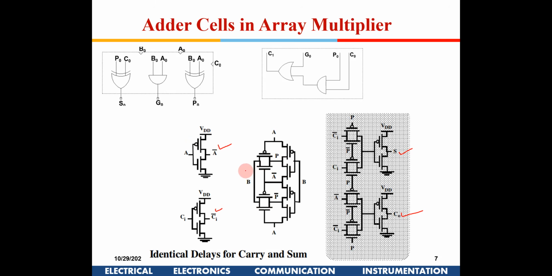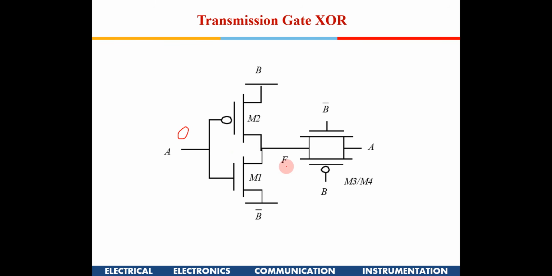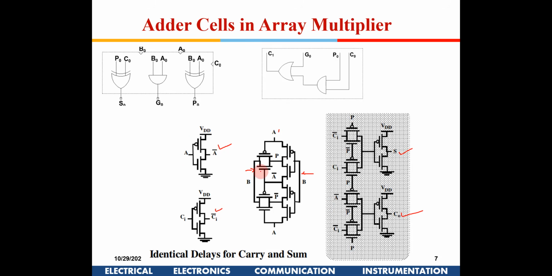So I am giving one input as A and B, and the other input as B and A. Now A and B are being given, so you get the XOR.